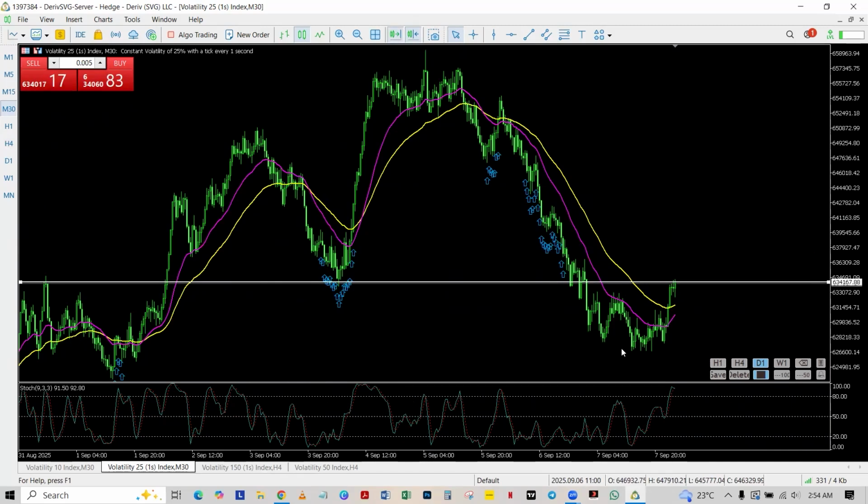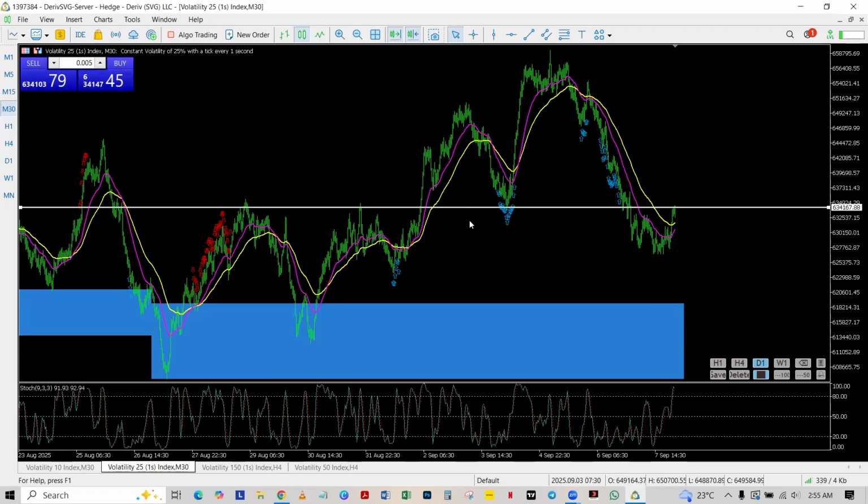So here's the 30 minutes chart. The market has broken this demand, or I'll say support line, and it has pulled back to that support line, making it a resistance. So the next thing I want to do is wait for my pullback to be completed.